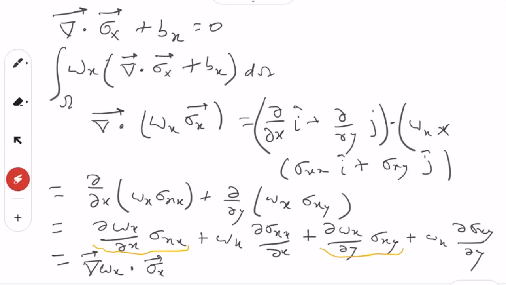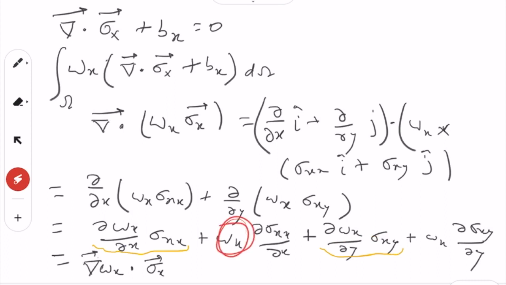So gradient of wx will be del wx over del x i plus del wx over del y j dot of sigma xx i plus sigma xy j, right. So like this. So this and this is done.